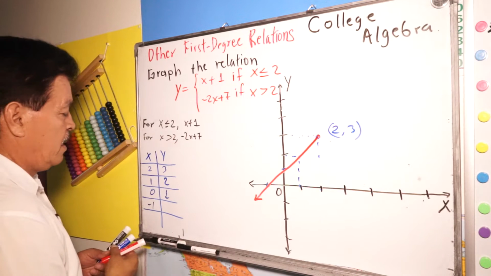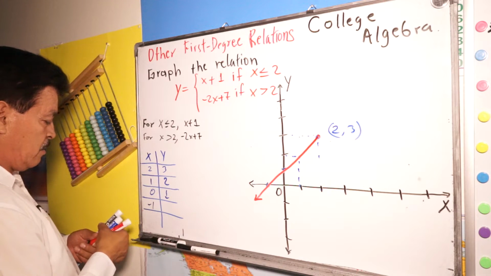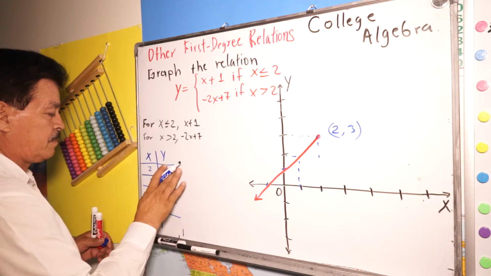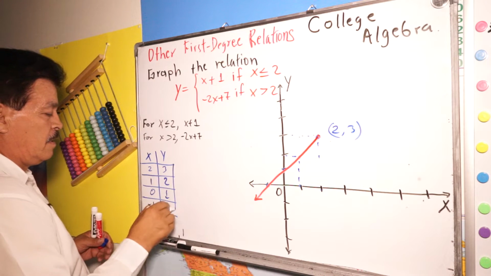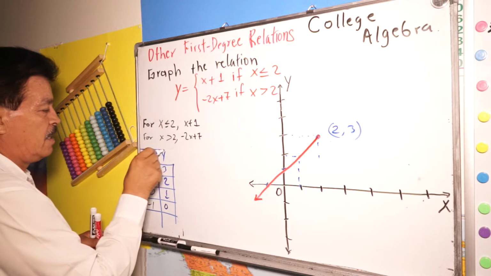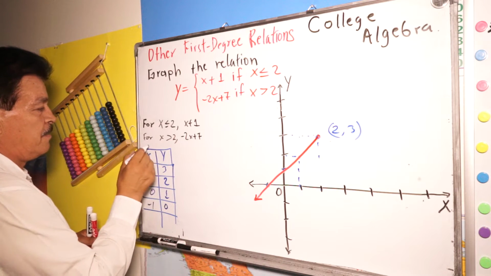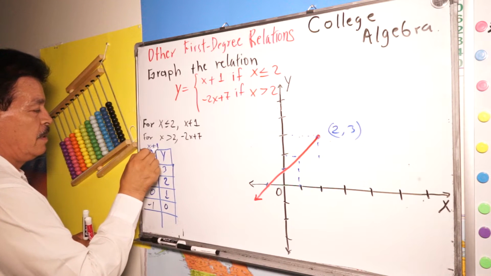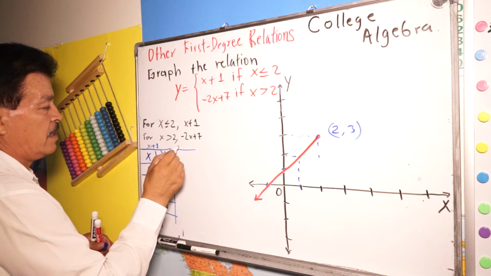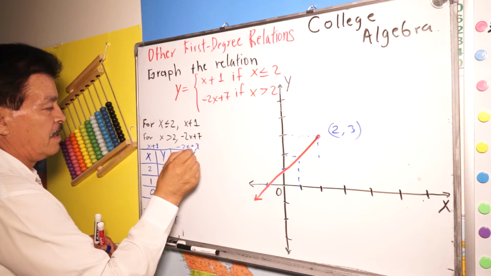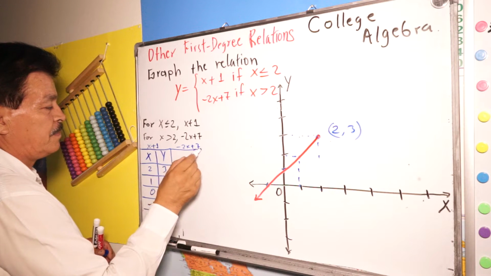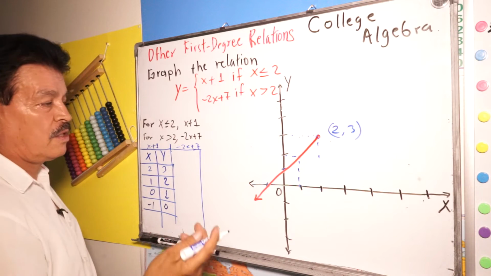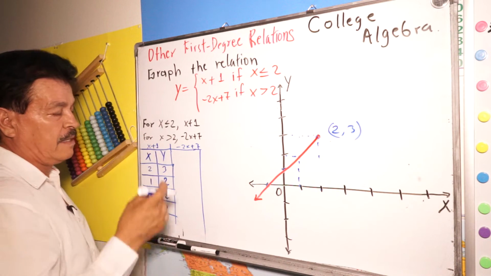Same thing, the same values here. Let me write 0. This is the first case, x plus 1. Here, let's write negative 2x plus 7 on this side. You can do it in your mind, okay?